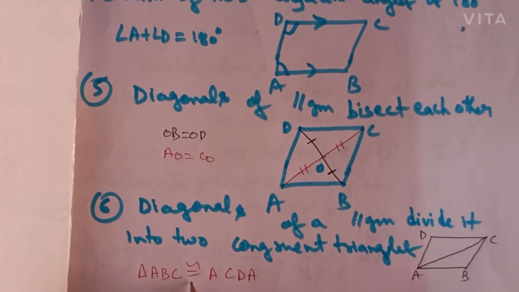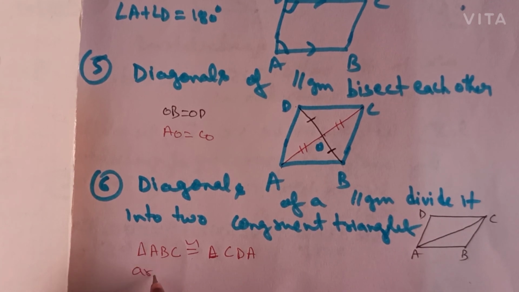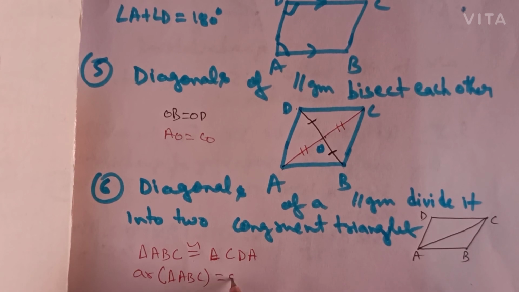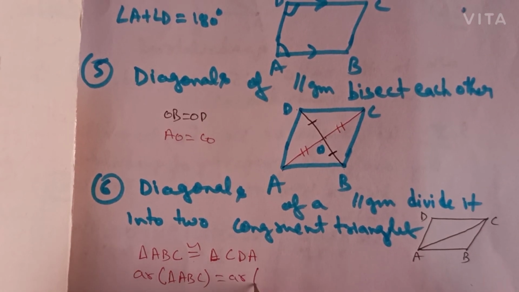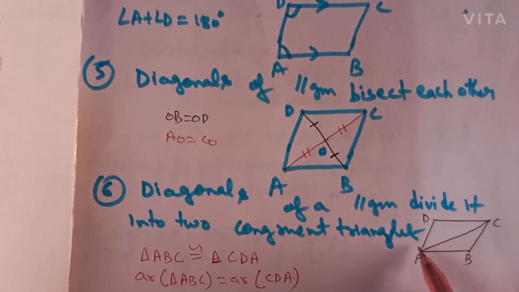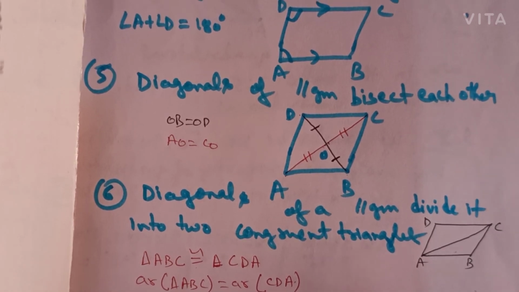They will be congruent with each other, and if they are congruent, then what does it mean? It means that the area will be equal. That is, area of triangle ABC will be equal to area of triangle CDA. Okay, this triangle and this triangle will have equal area, and the two triangles will be congruent with each other. Okay, hope you have understood all the properties of the parallelogram.